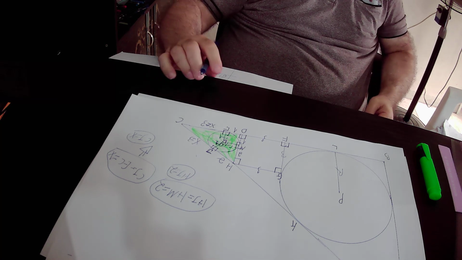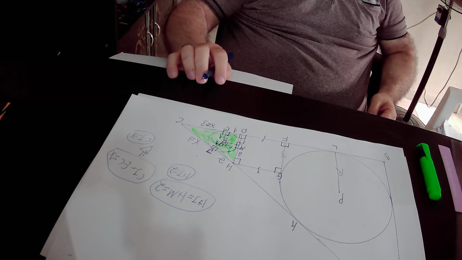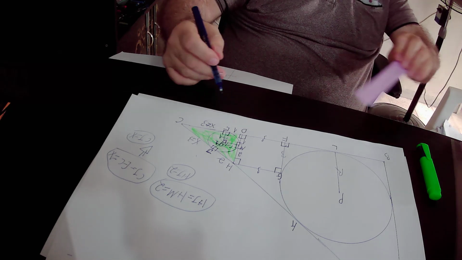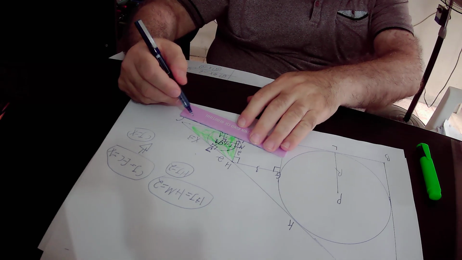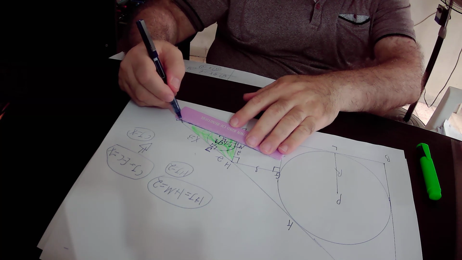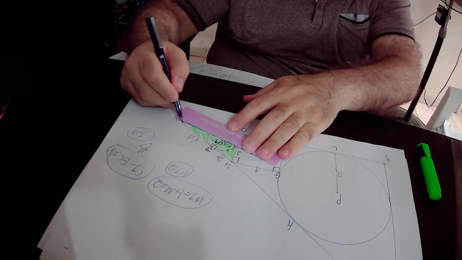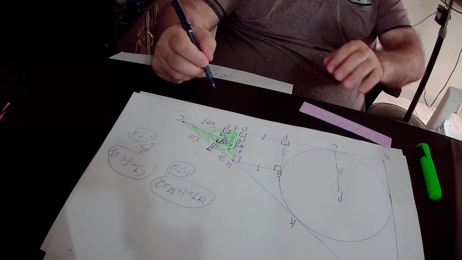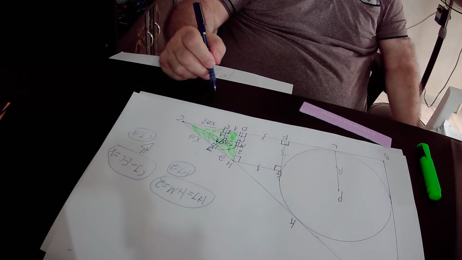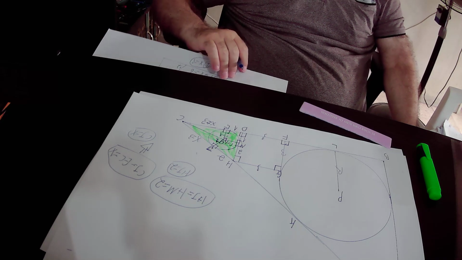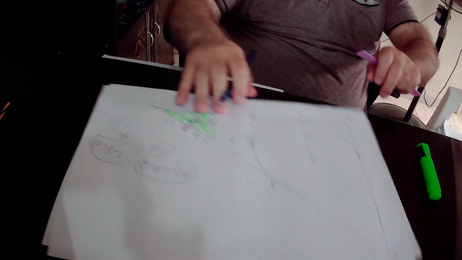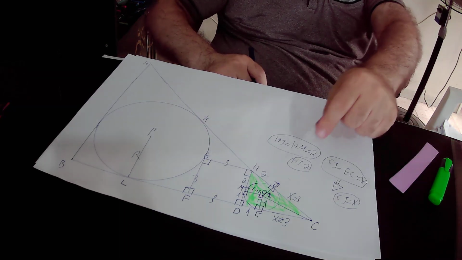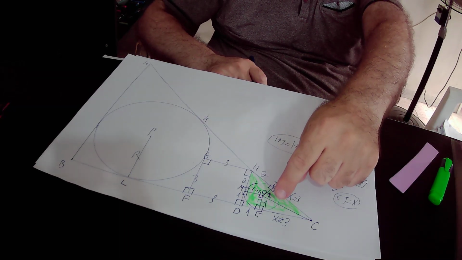In the next step, we'll join point C and O together by a straight line. By joining point C and O by a straight line, we created here two green right triangles.